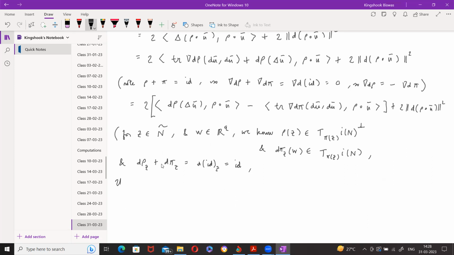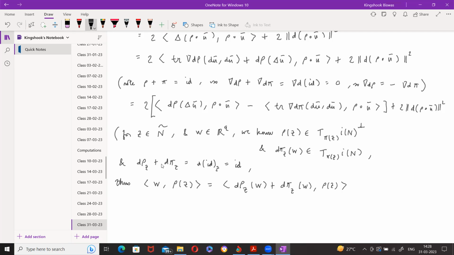Thus, the inner product between w and rho of z, this I can write as the inner product. So w I think of as identity applied to w. So this is going to be d rho at z applied to w plus d pi at z applied to w, inner product with rho z.